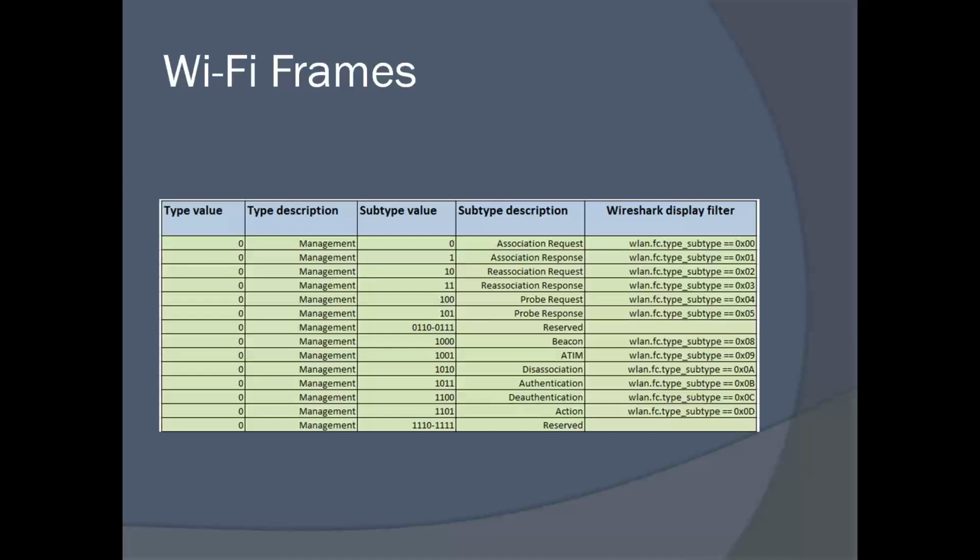So for instance, you can see here, there's a beacon frame right here, and we can go ahead and use a Wireshark filter, wlan.fc.type_subtype, and then the hexadecimal value 0x08. There's a probe response here. You see it's a management frame. It's a subtype 101.